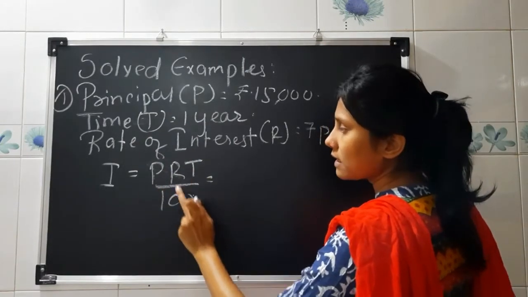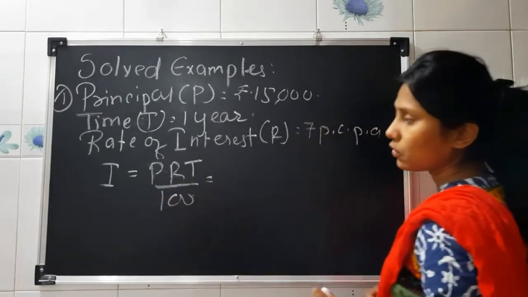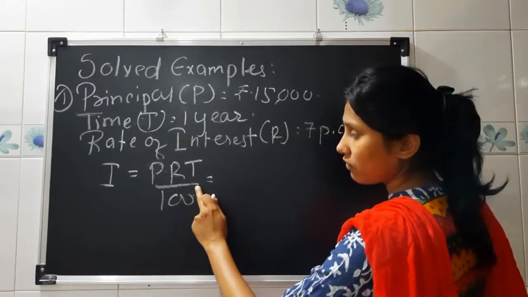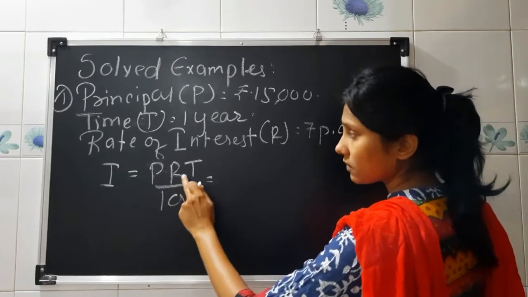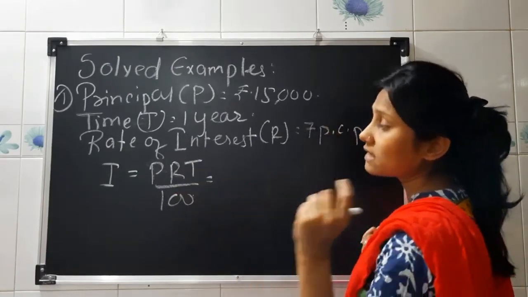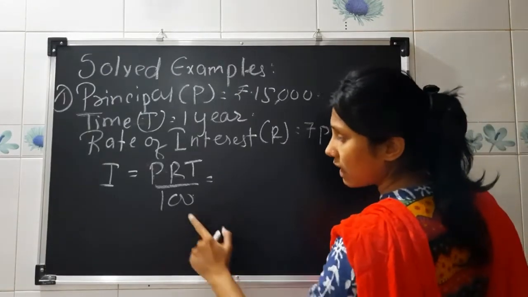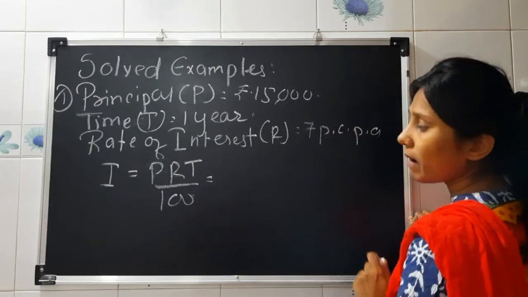Why? Because the interest rate is always applicable against every 100 rupees. That is why we divide the whole by 100.